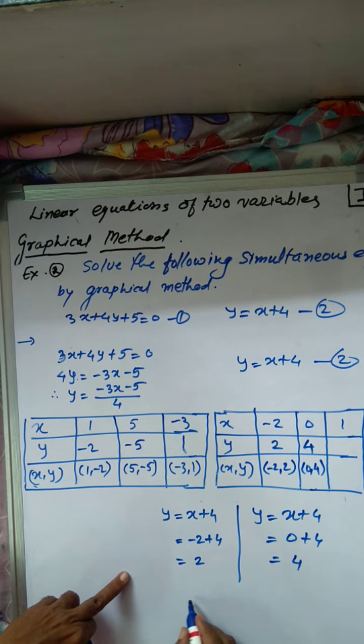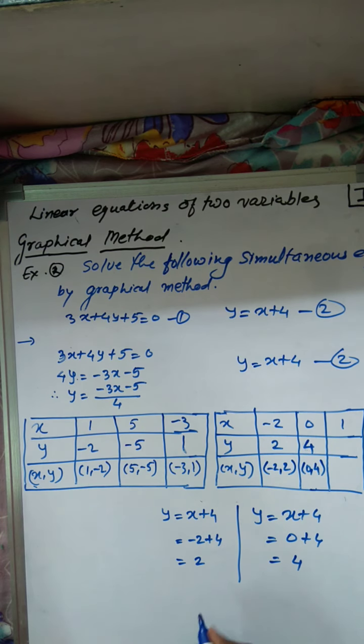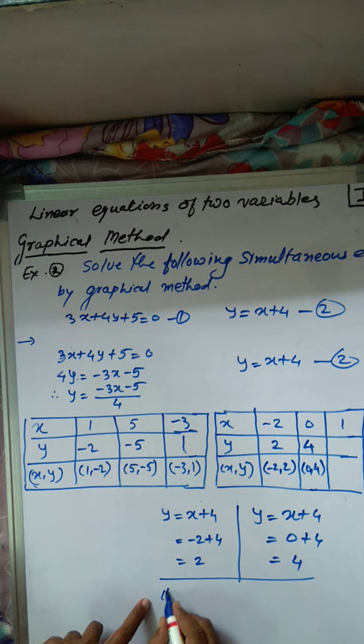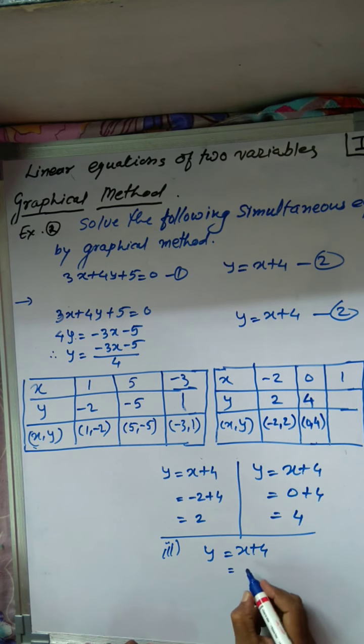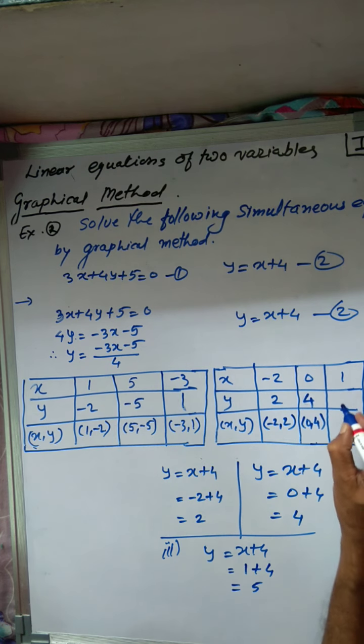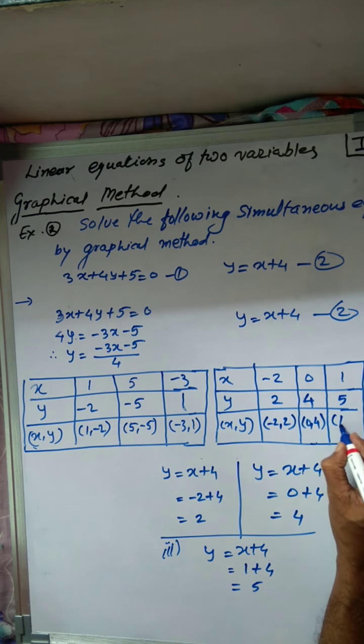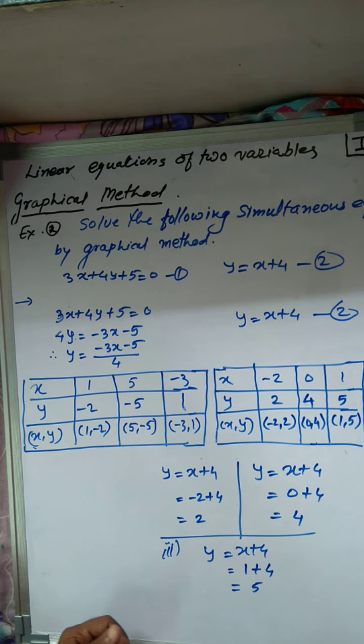For third, y is equal to x plus 4. Substitute x is equal to 1, 1 plus 4, we get 5. The next point becomes 1 and 5. Now we can draw the graph on the graph paper and solve these equations. The point of intersection is the solution of these equations.